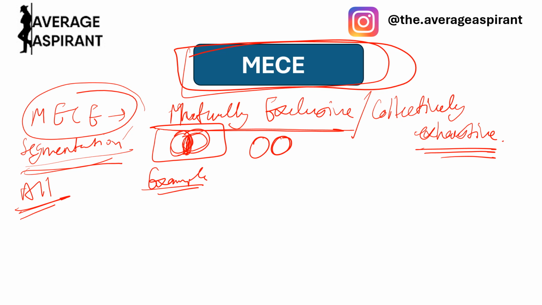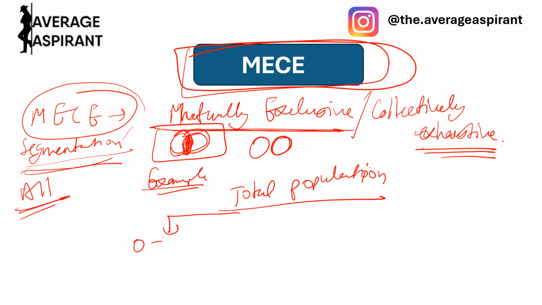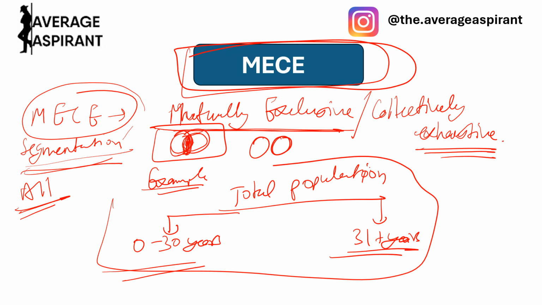So if you had to divide the total population, how will you divide in a segment which is mutually exclusive, that no segments overlap? Let's say 0 to 30 years and then 31 plus years, right? This is mutually exclusive.